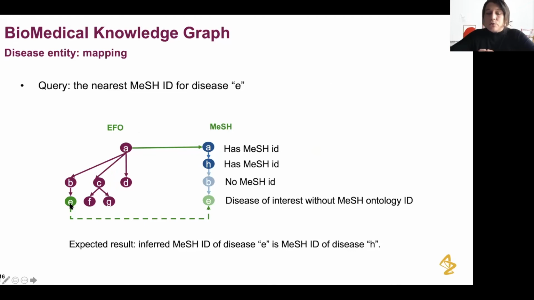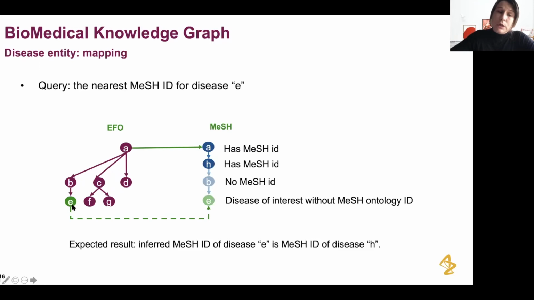That's the disease of my interest in this particular case. And we want to compare this with some MeSH ID ontology where results were presented using MeSH. And if it is a direct mapping, MeSH ID exists, EFO ID exists, we cross-reference them, happy days, nothing more to do here.